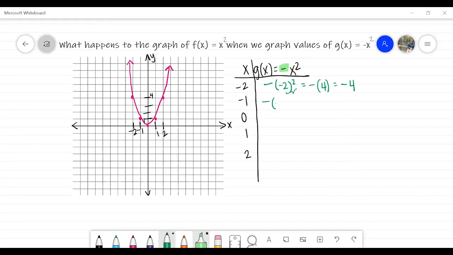And then this would be the same way, again, square first, which would be 1, and then negative after. And then 0 squared negative is just 0. 0 doesn't have a sign, right?